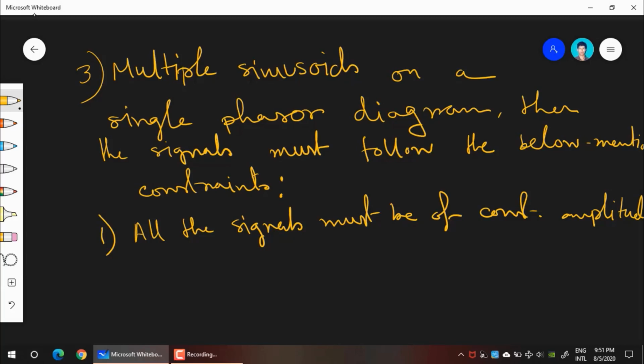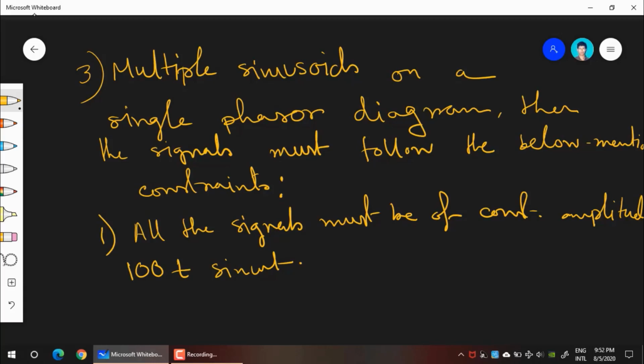But it is not allowed to plot a signal whose expression is like 100 t sin omega t. That is an example of a sine wave that is growing in nature.